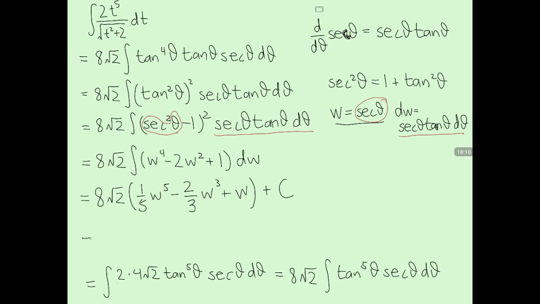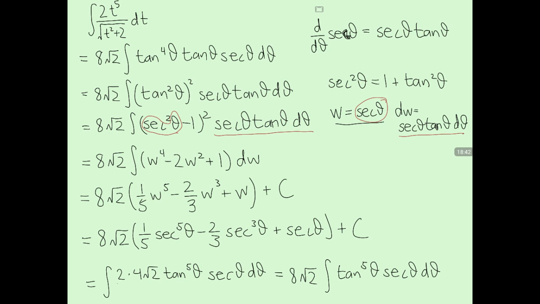So we're going to have 8 square root of 2, 1/5 of secant theta to the 5th minus 2/3 secant theta to the 3rd plus secant theta plus c.